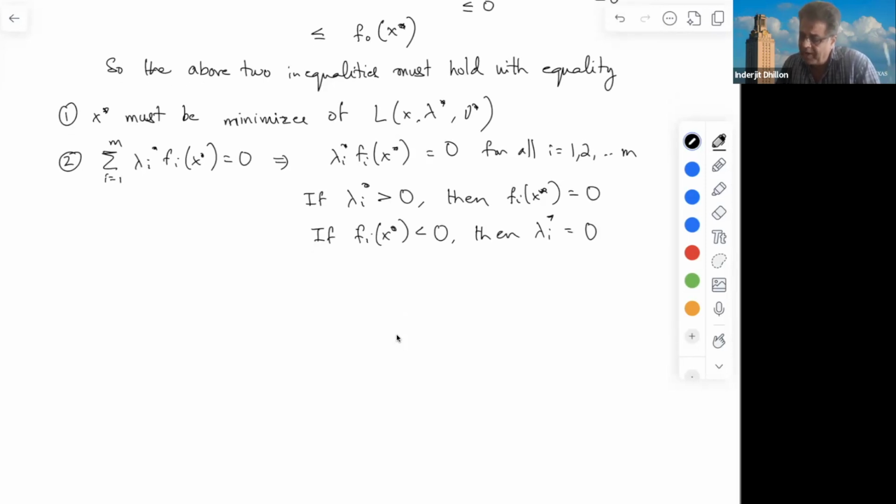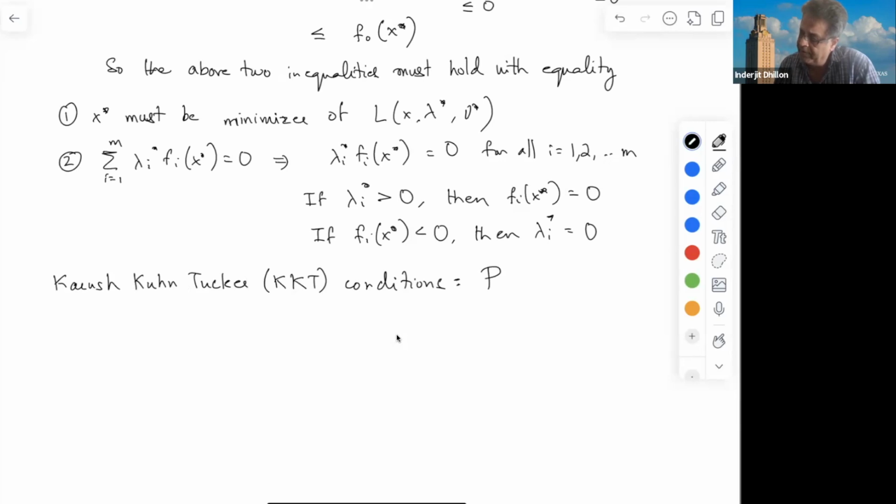Okay, so I'm going to conclude and tell you a little bit more about constrained optimization. There are the very famous KKT conditions, short for Karush-Kuhn-Tucker conditions.